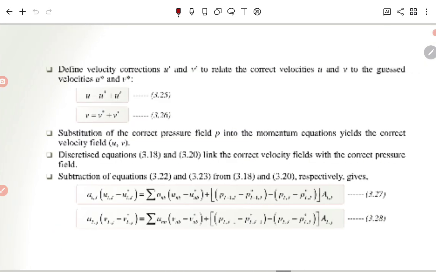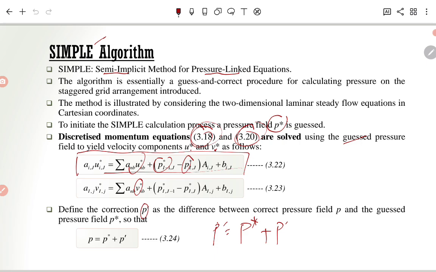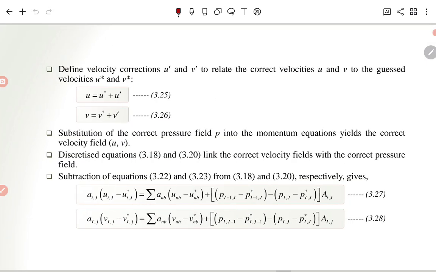If you substitute all this into this equation, from here we have P star equal to P minus P prime. So we extend this equation into this one.